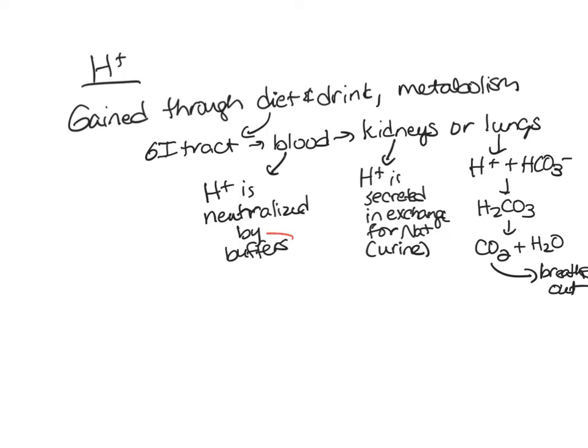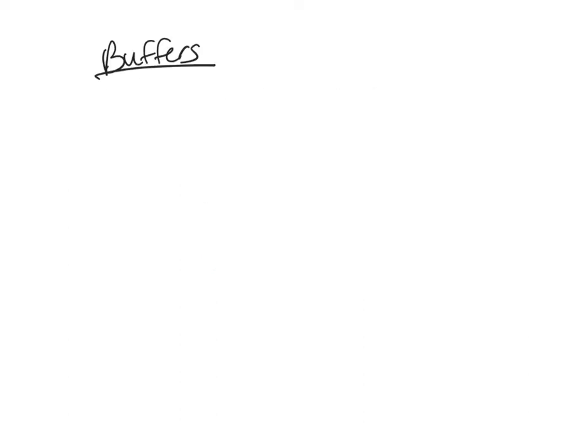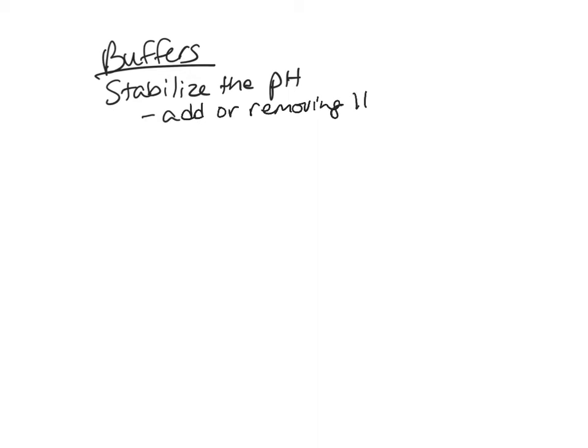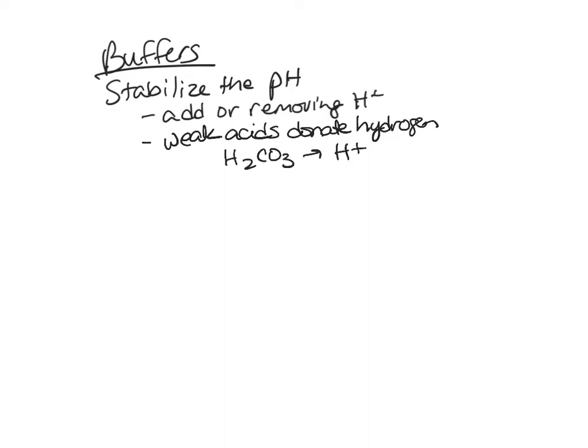We're going to take a look at the buffer systems in the body. Then we'll look at the kidneys and the lungs, and then we'll start to look at some disorders of either alkalosis or acidosis. So like I said before, buffers stabilize the pH. They do this by either adding or removing hydrogen. Buffers include weak acids that donate hydrogen. For example, carbonic acid is a weak acid, and so it donates hydrogen by dissociating into hydrogen and bicarbonate.